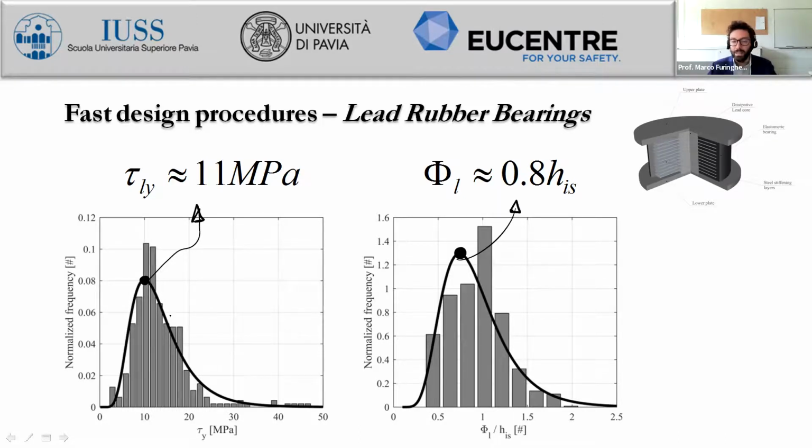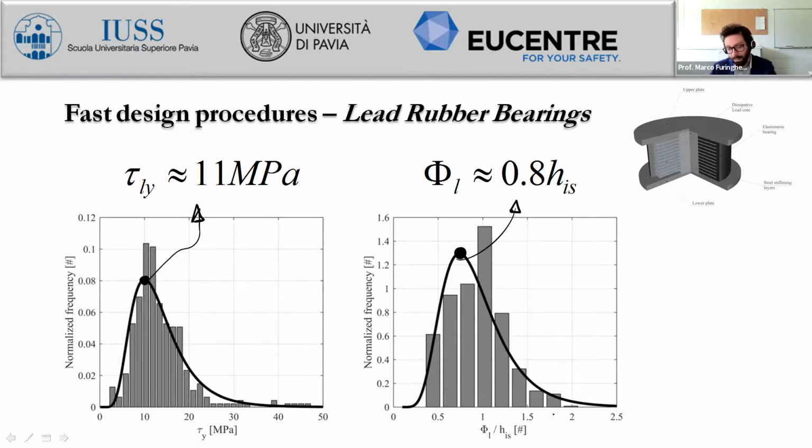This doesn't mean that for all the isolation devices that you will find in producers' catalogs, the diameter of the internal lead core will be 80% of the height of the device, because it strongly depends on the mechanical properties of the lead material, and so on. So you can find values from 0.5 up to 2.